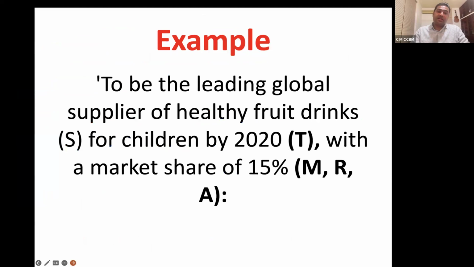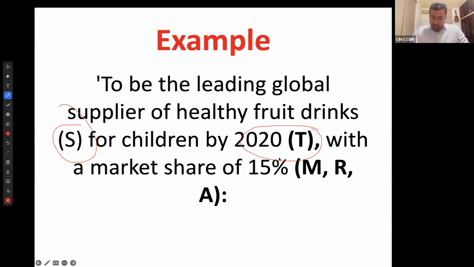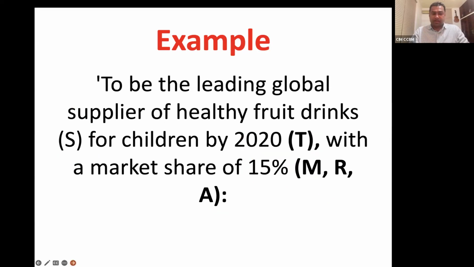An example of how you can state a SMART objective: to be the leading supplier of healthy fruit drinks, that's specific, for children by 2020, time-bound, with a market share of 15%, measurable, relevant, achievable, right? So here's an example of a SMART objective.